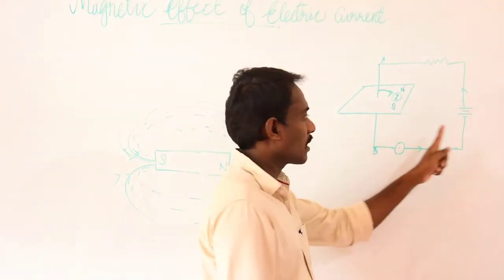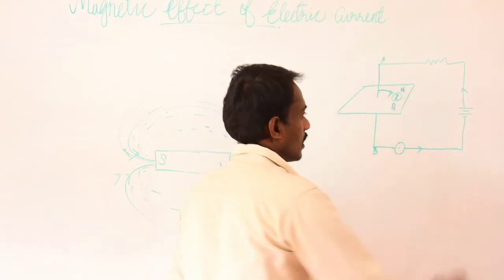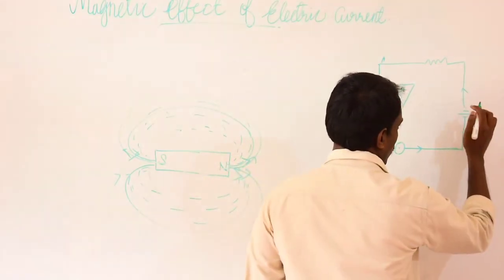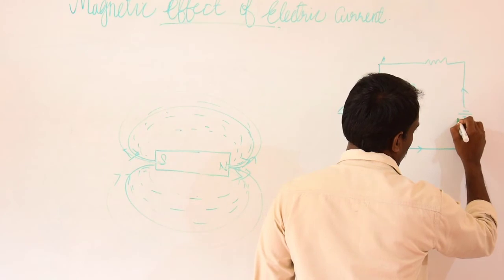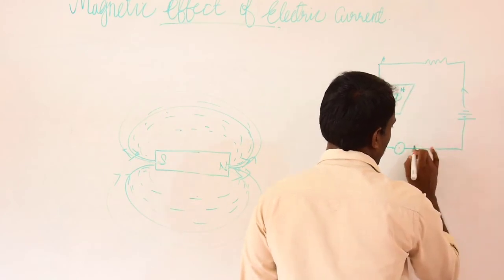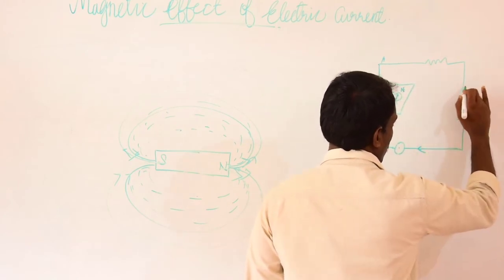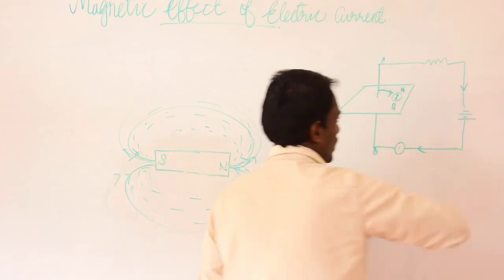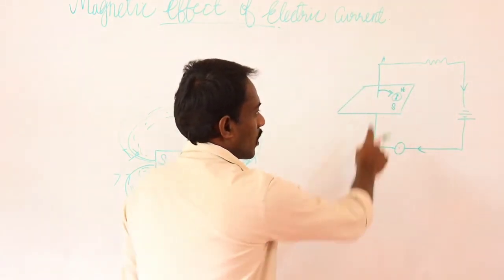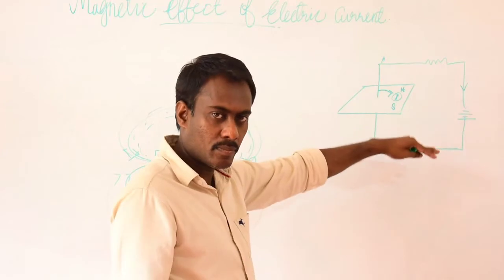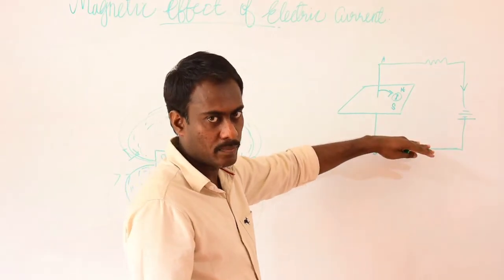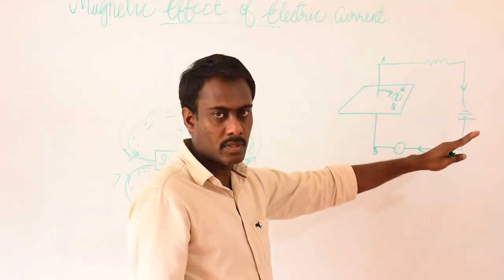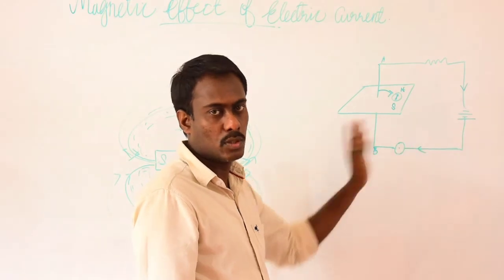So it will take a north-south pole direction. And what happens if you reverse the direction of the current? Assume that the current is reversed. Now what is the direction of current? This is the direction of the electric current flowing through the circuit. And what will happen? Does it produce the same deflection towards the same direction or not?